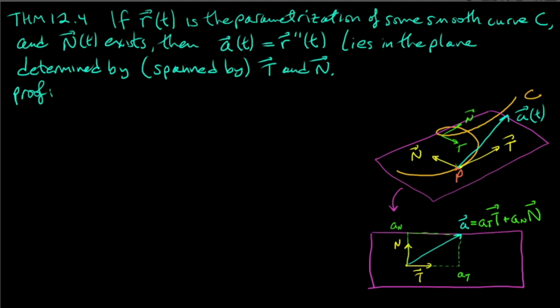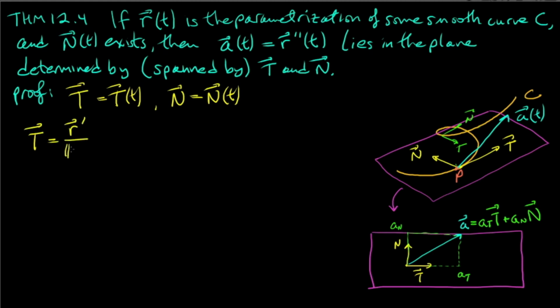And so here's how we're going to do it. Let's just start with the definitions of T and N. So we have T, which we know is a function of our parameter t. I'm not going to write the little t anymore because it's really just getting in the way. We know these are all functions of little t. The definition of the tangent vector is that it's r prime divided by the magnitude of r prime, or, if you like, because it's the velocity vector, v divided by the magnitude of v.